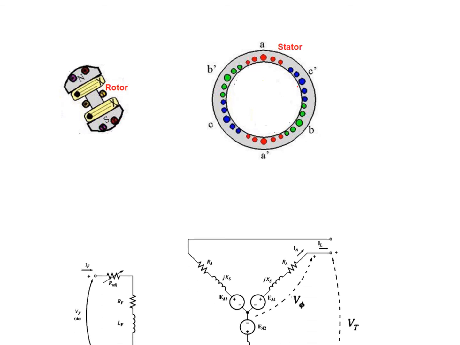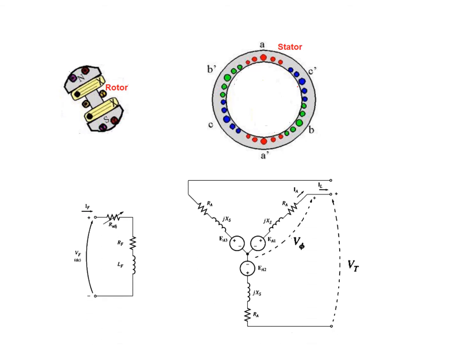Now we can sketch it in the form of a circuit. So the rotor winding or the field winding is represented like this, and the three-phase stator winding is represented by three-phase here, and this is a Y connection.